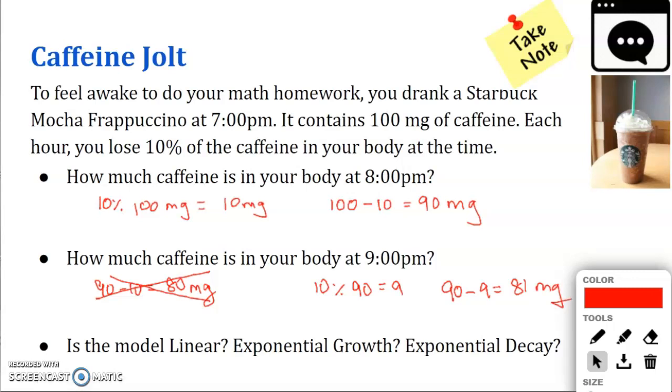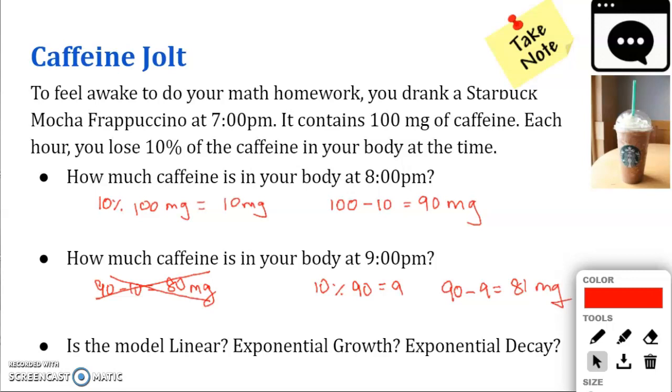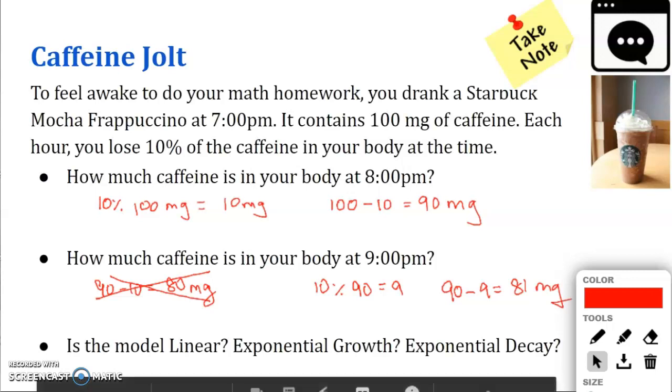Then the next question is, is the model linear, exponential growth, or exponential decay? So what's happening each hour? The first hour, 10 milligrams was lost. The second hour, 9 milligrams was lost. What do you think will be the third hour? It's not going to be 10 milligrams, and it's not going to be 9 milligrams.